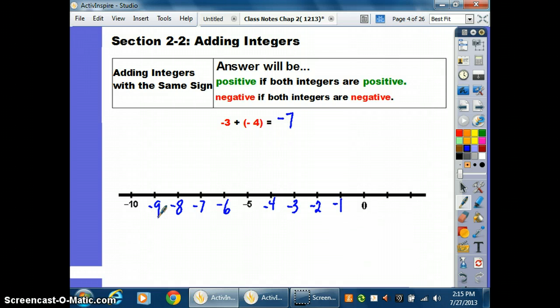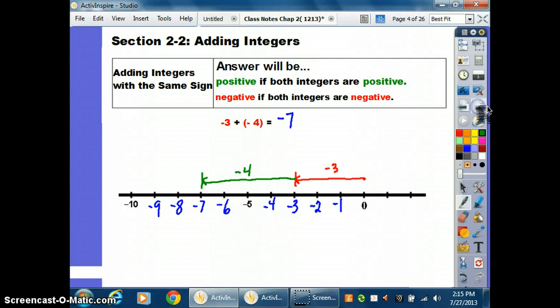Negative 3: start at 0 and go to the left 3 units. Then continue from that point and go down 4 units. One, two, three, 4. You can see that took me to negative 7. Good.